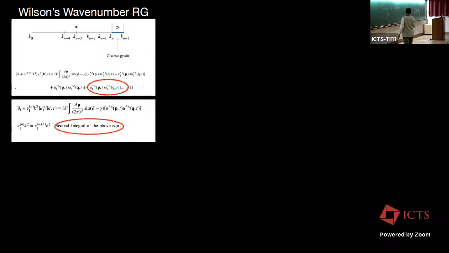So we divide our Fourier modes into two categories: less, the ones which are less than or equal to Kn, and greater, the ones greater than Kn. Got it? If you think of it in real space, this is like 5 centimeter, and this could be 50 centimeter. Low wave number means bigger scale.